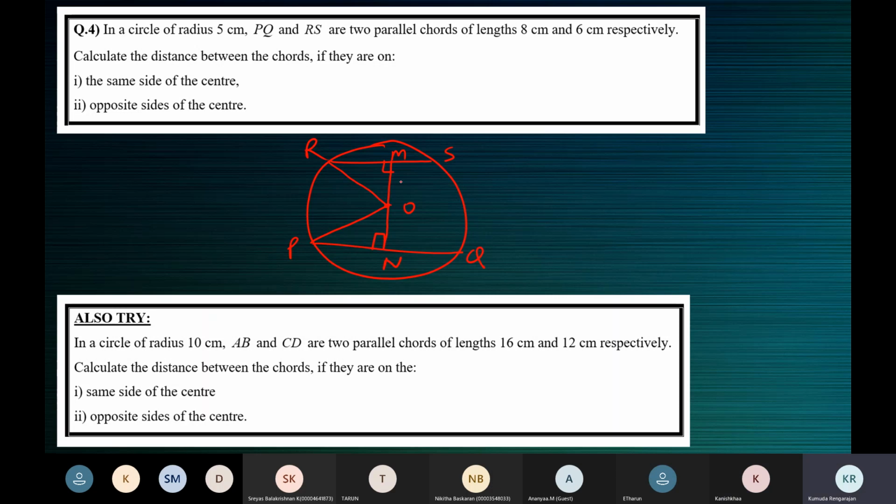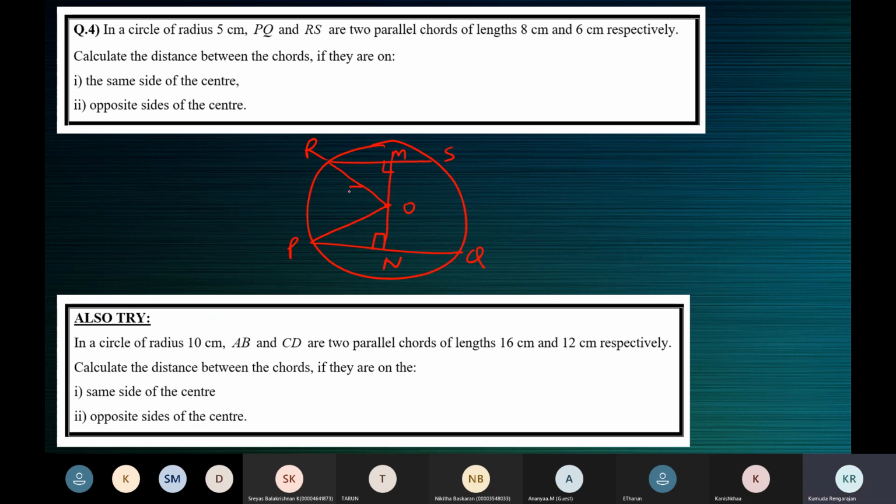Very good. The distance between the two chords is MN. And to find MN, we have to find MO from one right triangle, ON from the other right triangle, and add both to find the distance between the two parallel chords.